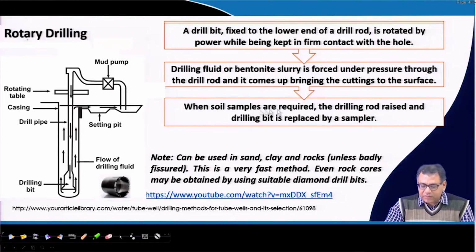This way we can make the borings or boreholes, and when we want to collect the soil sample, the bit is removed and a sampler is attached and we can collect the soil sample. So we can collect the soil sample as well as advance the borehole.